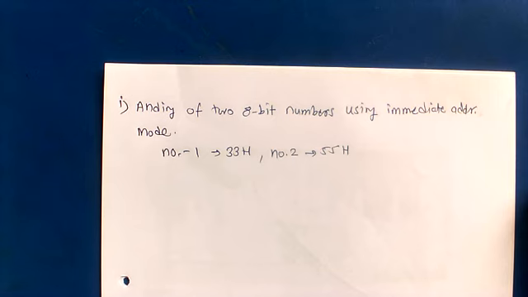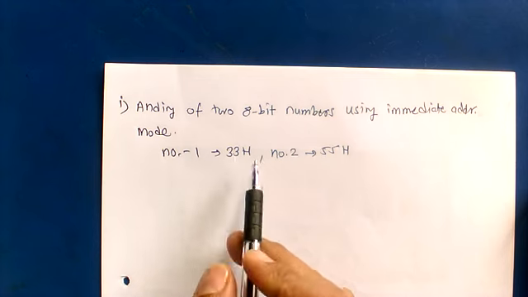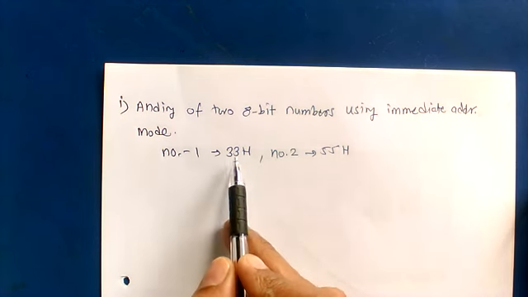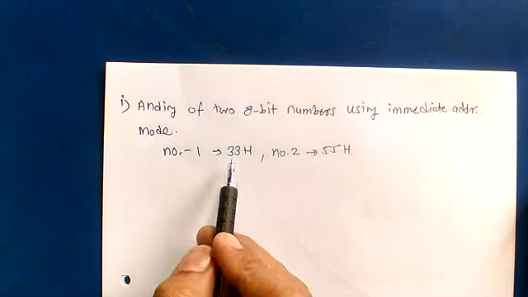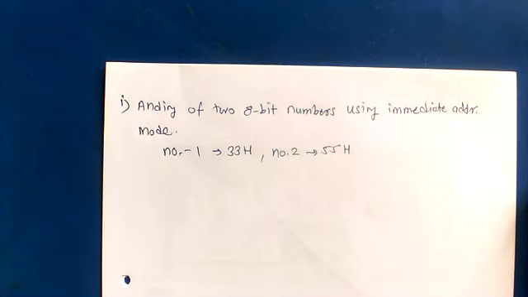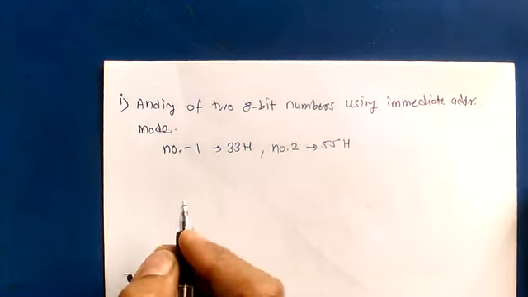ANI means the accumulator content gets ANDed immediately with the specified 8-bit immediate data. So one of the numbers you have to take in accumulator, either 33 or 55. We will take 33 hex in accumulator and then use the ANI instruction.